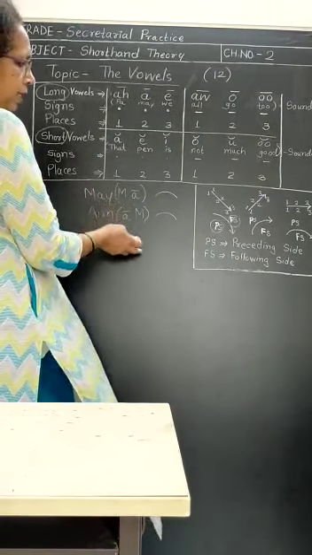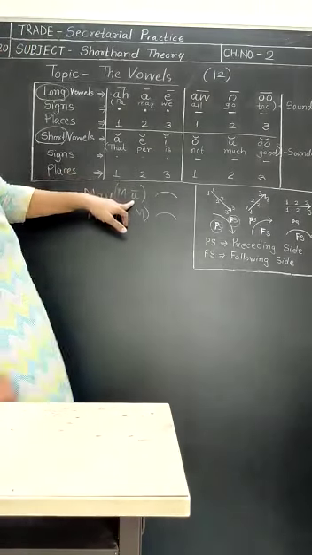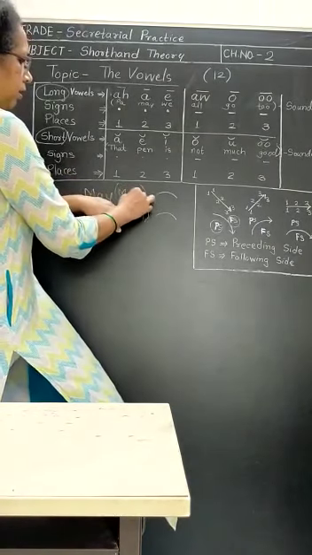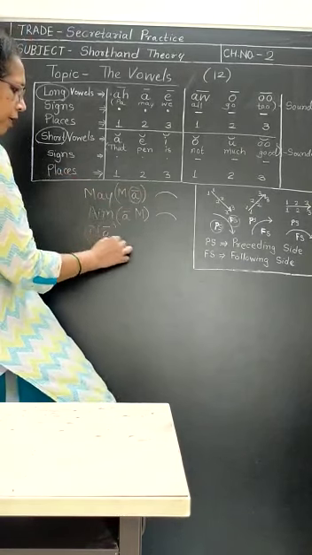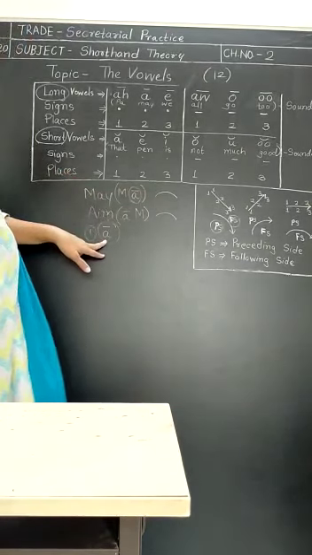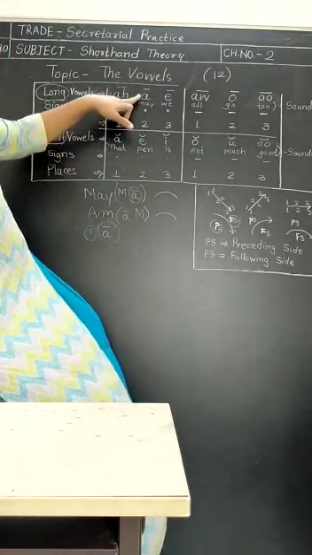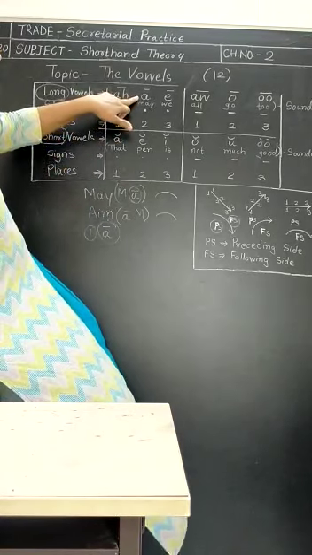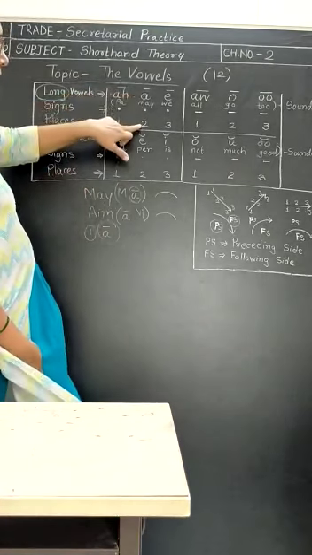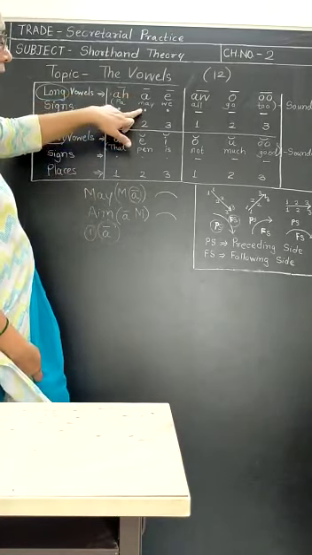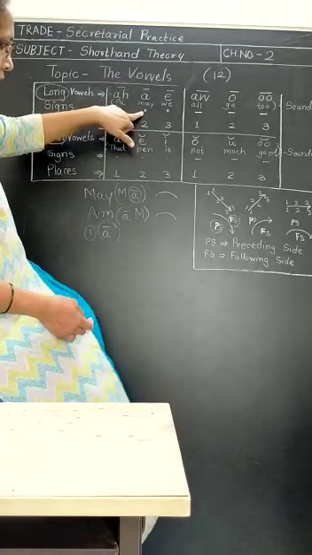Then how will we write? First, we will find the vowel. This is the A vowel as sounded in may. This vowel is a second place vowel and the sign for this is a heavy dot.